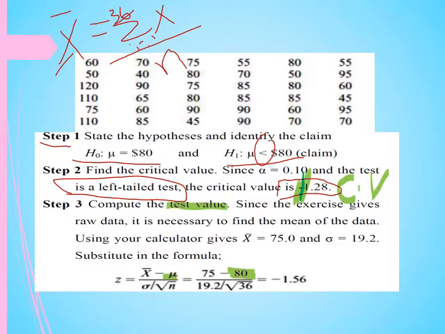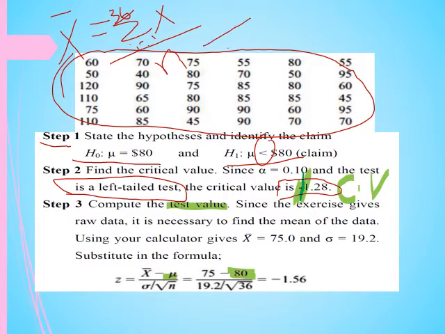Now we sum all the given data and divide by 36 to get x bar, which is equal to 75. We are also given sigma, the square root of the variance, equal to 19.2, and n equal to 36.